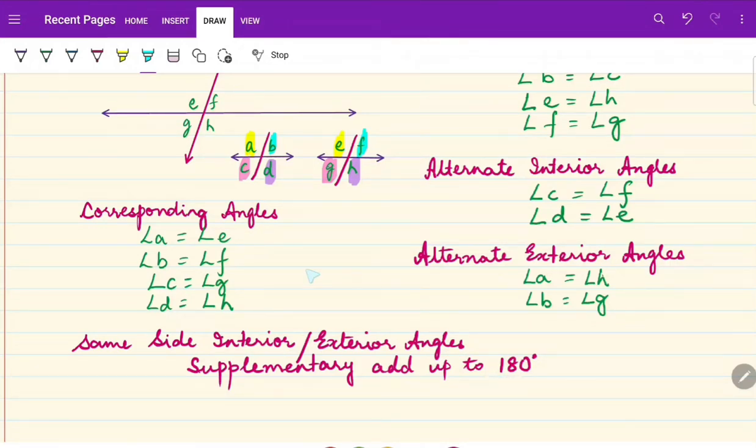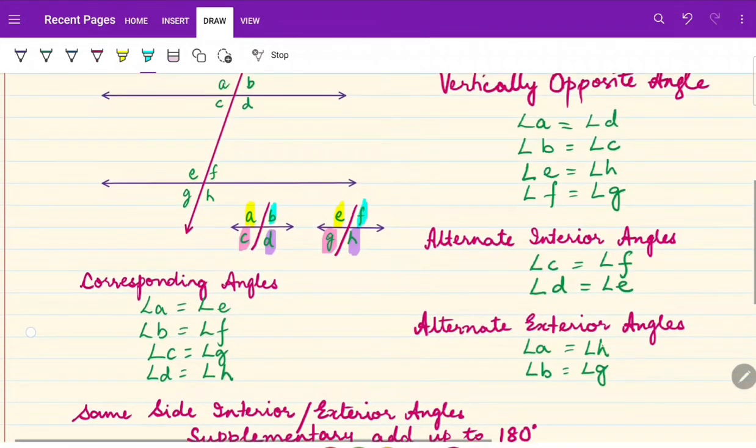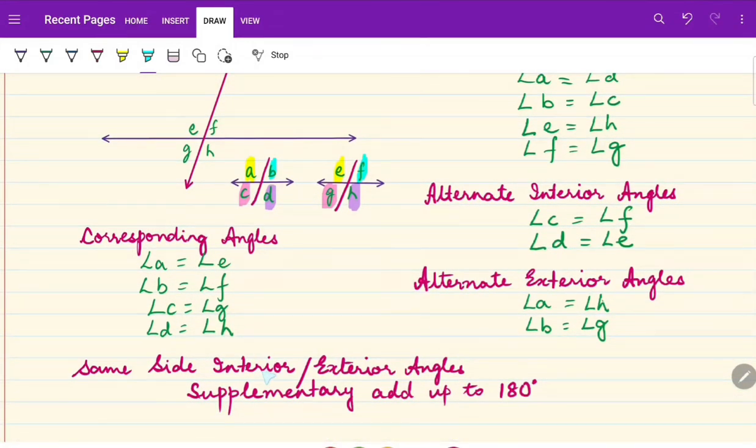So for these special angles, the relationship is not that they are equal, but they will sum up to 180 degrees. That's what supplementary angles are, and that applies to same side interior and exterior angles. So let's go back to our figure and look up which ones are same side interior and exterior angles.